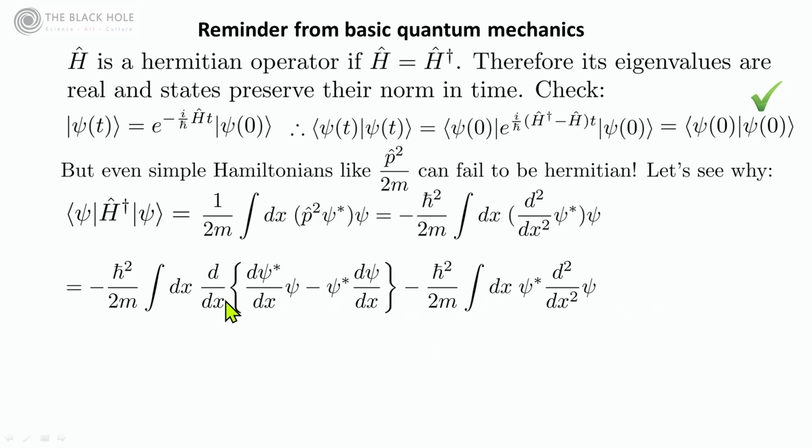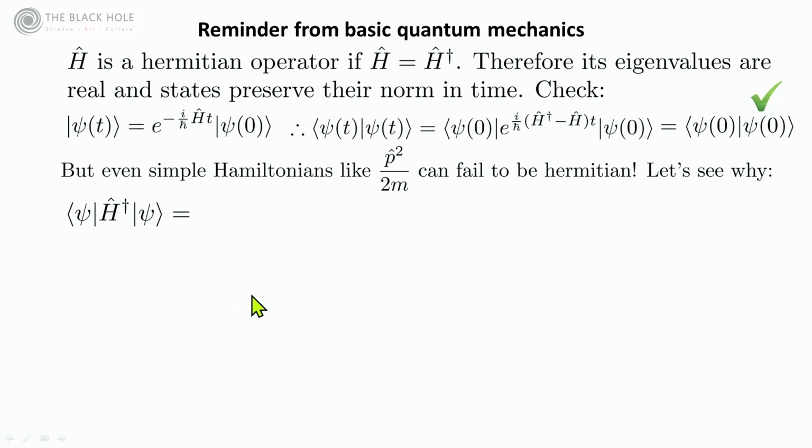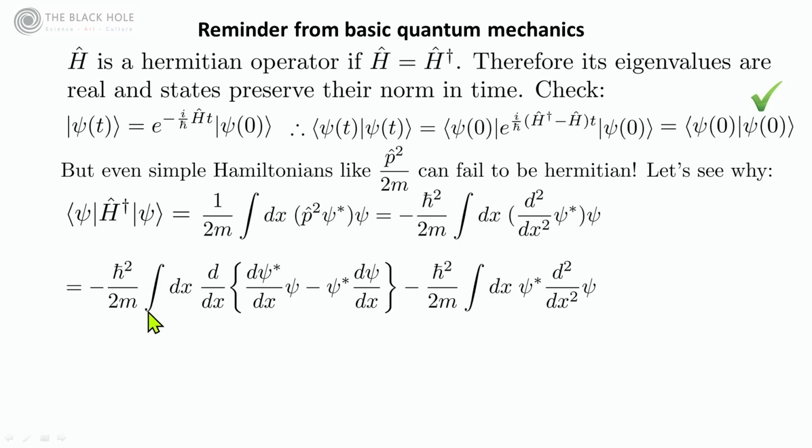Now here one uses the fundamental theorem of calculus that d by dx of this is evaluated at the boundary points from here to here, and if it vanishes over there, then of course only this term will be left over, and if this is 0 for whatever reason, it could be because psi is 0, or it could be because psi is real.